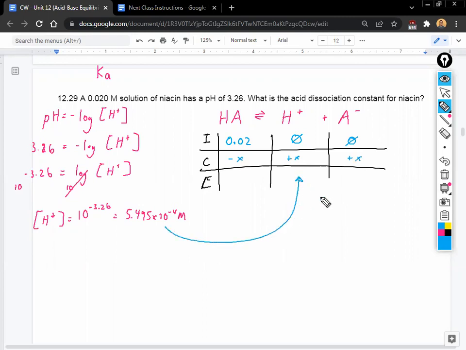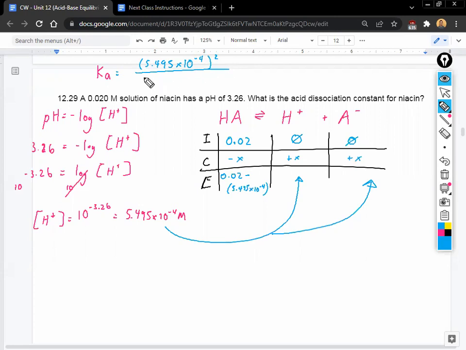We can plug in our values right here, which means that our value for HA is going to go from 0.02 to 0.02 minus 5.495 times 10 to the negative 4. Okay. And after that, we just plug it into our Ka formula. So on the top, we'll have 5.495 times 10 to the negative 4, and I'm going to square that.